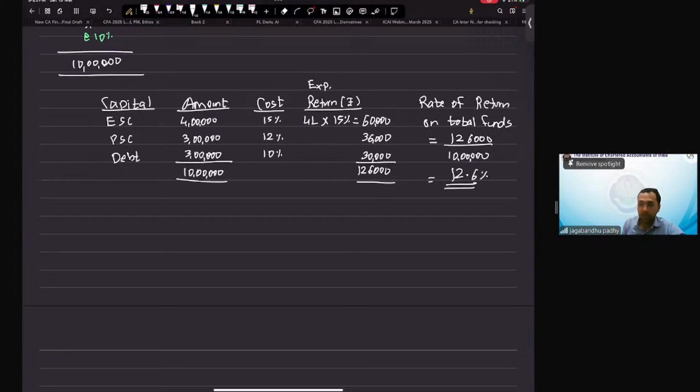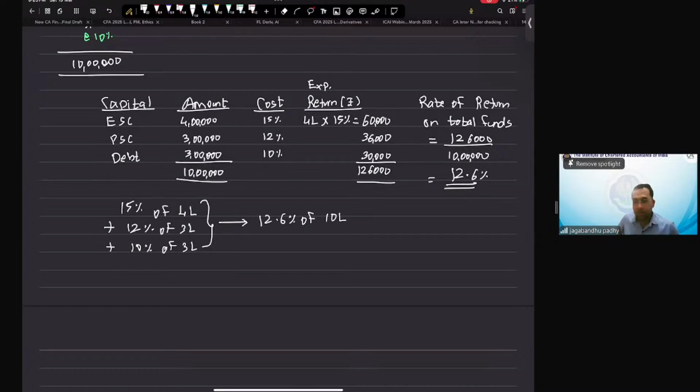Yeah. So can I say 15% of 4 lakh plus 12% of 3 lakhs plus 10% of 3 lakh, all three of them translate to 12.6% of 10 lakhs.